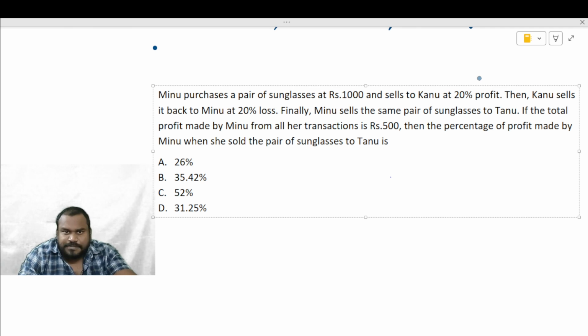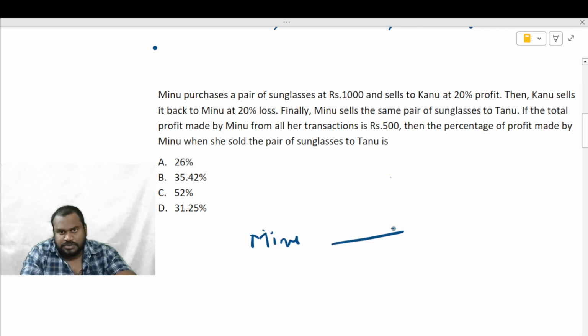Minu purchases a pair of sunglasses at rupees 1000 and sells to Kanu at 20% profit. See, Minu is selling to Kanu. She bought for 1000 and sold it for 1200.